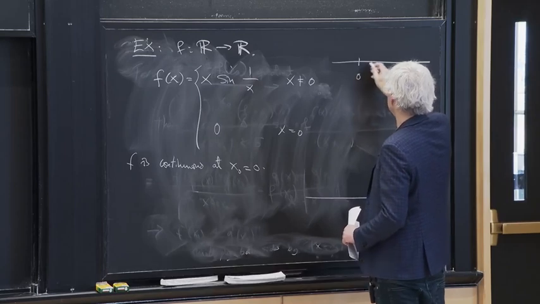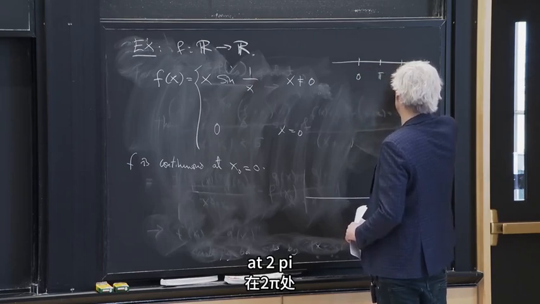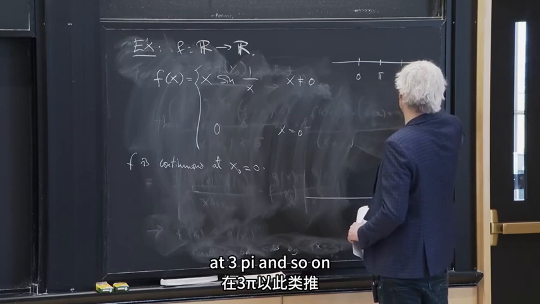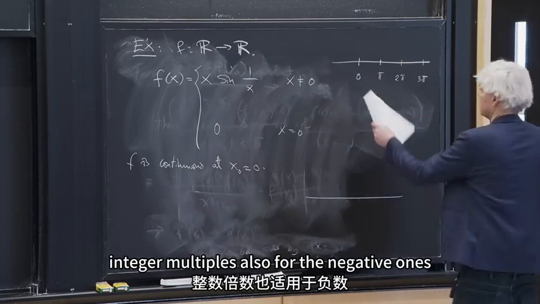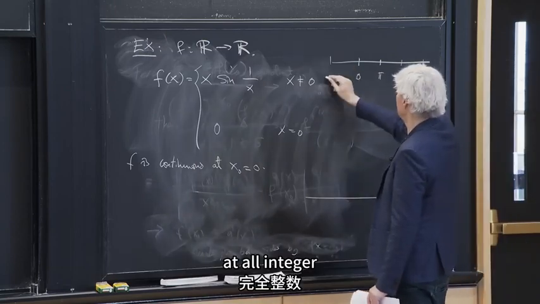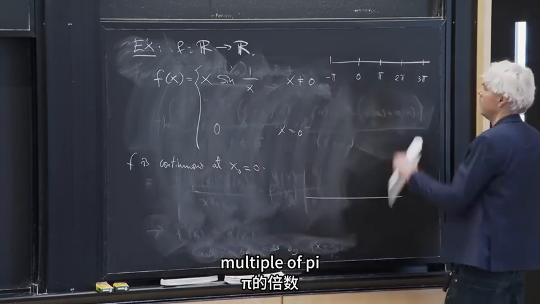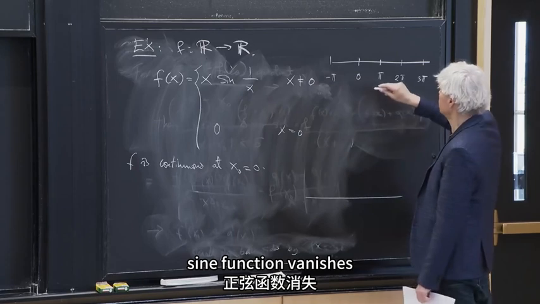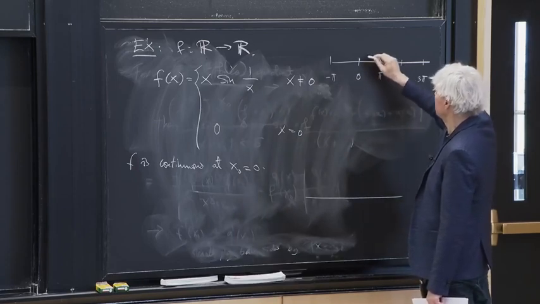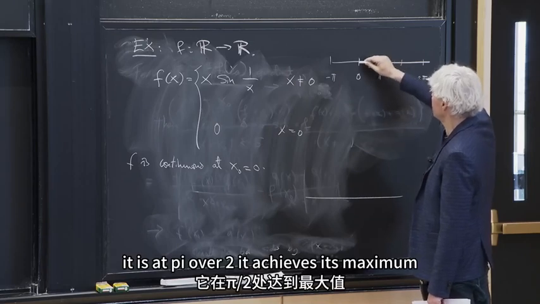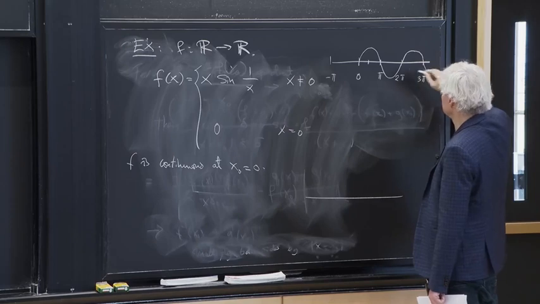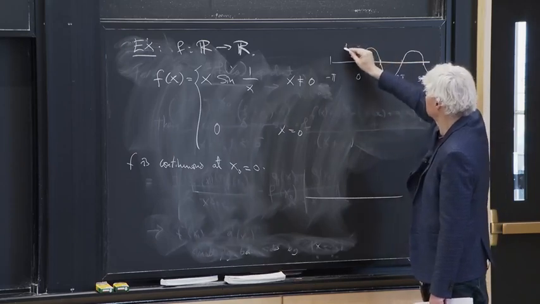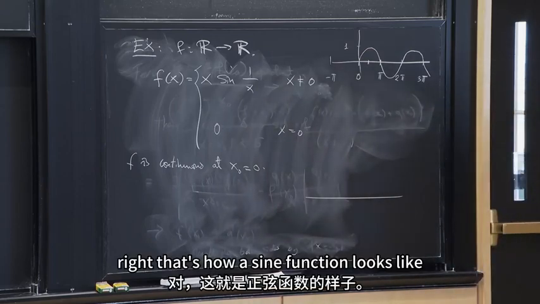At 0, at pi, at 2 pi, at 3 pi, and so on, at all integer multiples of pi, also the negative ones, the sine function vanishes. And in between, at pi over 2, it achieves its maximum, which is 1. So the function looks like this. Right, that's how a sine function looks.